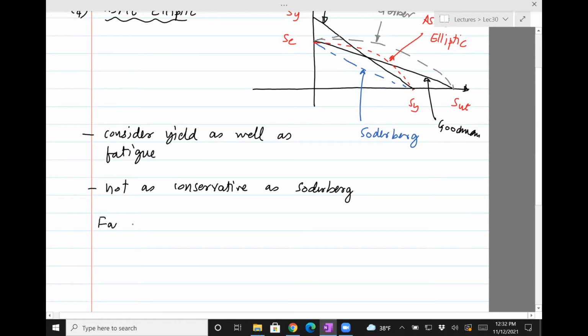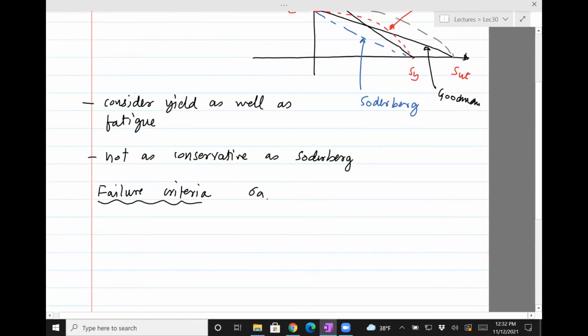So the failure criterion is sigma A divided by SE, squared, plus sigma M divided by SY, squared, equals 1.